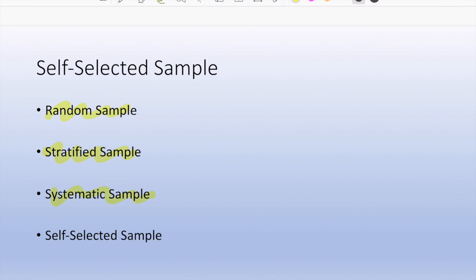It's simply on a volunteer basis, and let's see what we can get back from that. So, for example, can we have volunteers to answer this survey on school uniform? That could be a self-selected sample. So that's the last type of sample there is. All right, that's it.